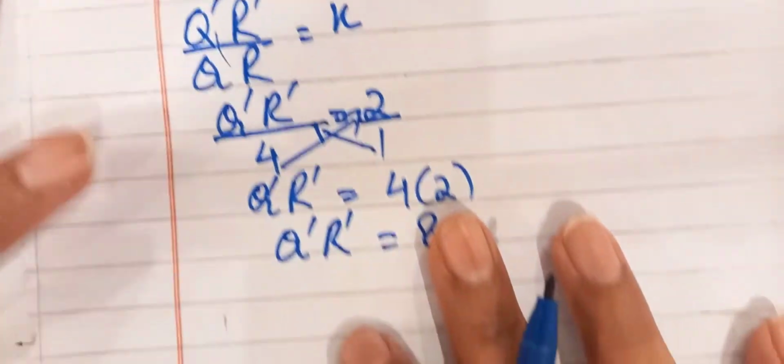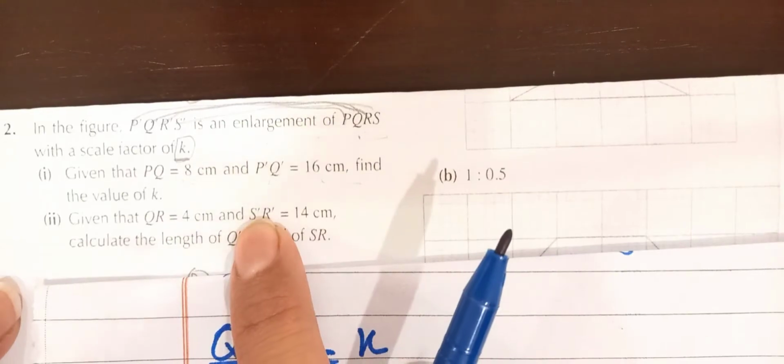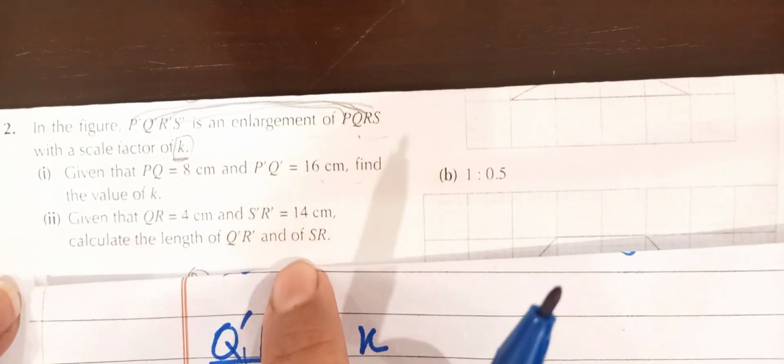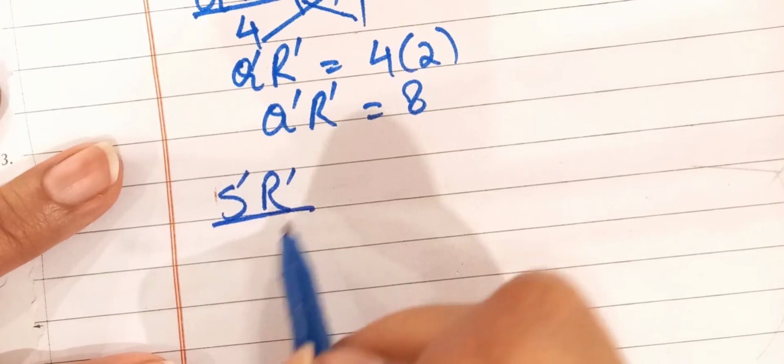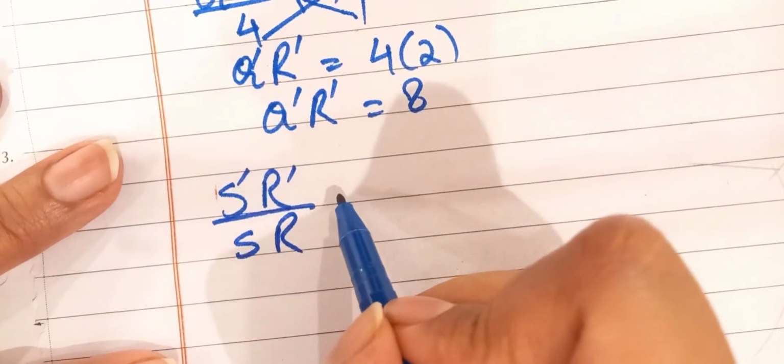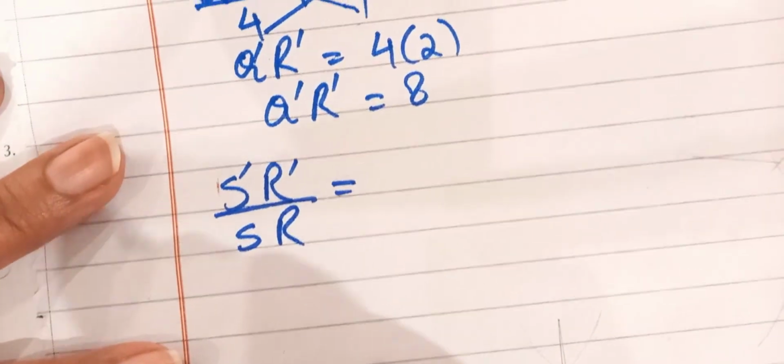Now for the other part, they have given me S dash R dash and they have asked the value of SR. So I shall follow the same procedure, S dash R dash over SR equals K. It is advisable to follow the same steps.